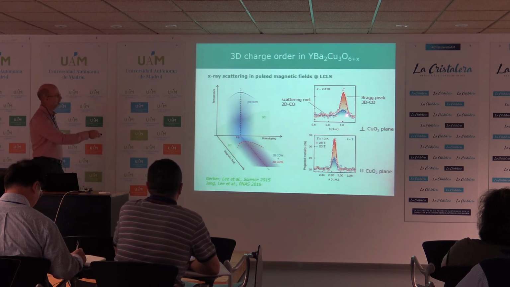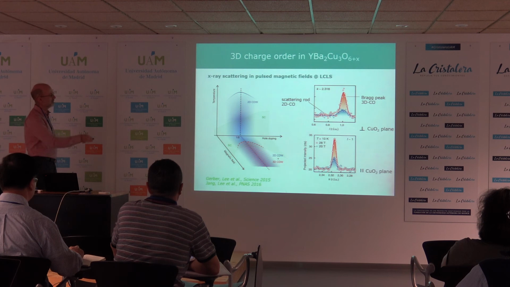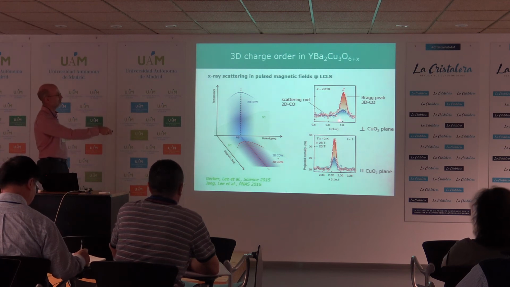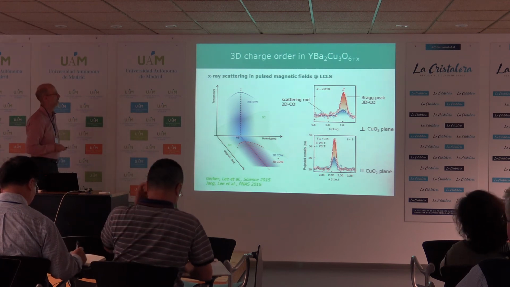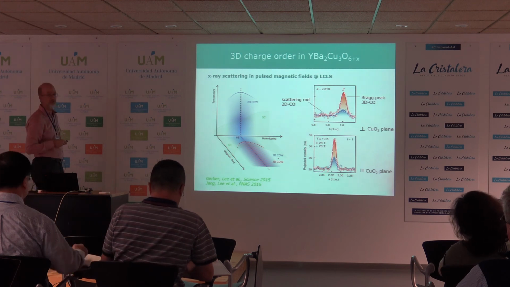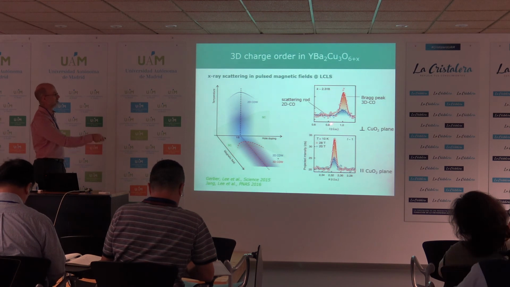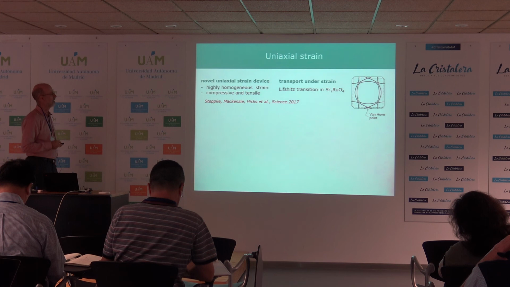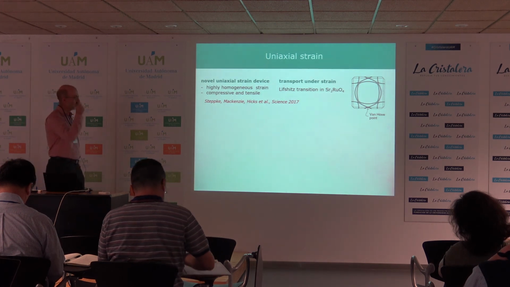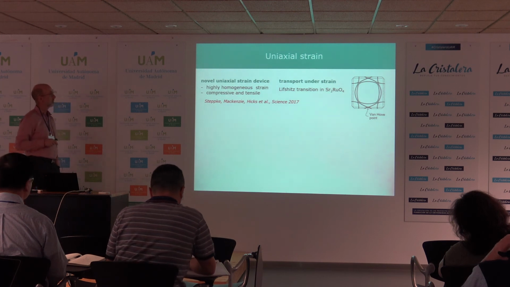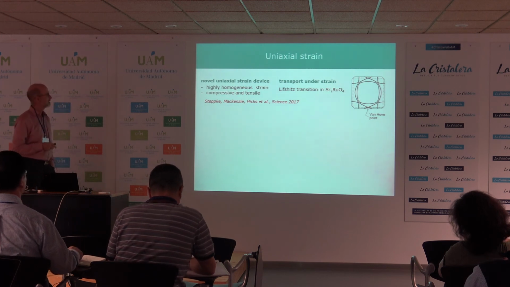But what they saw in high magnetic fields was, on top of this scattering rod, also a Bragg peak that came up at around maybe 20 Tesla. Okay? And this Bragg peak, in the plane, this is the in-plane momentum, has the same Q vector as the two-dimensional charge order. But it's a true Bragg reflection, with order in 3 dimensions. Okay? So that has motivated us to take advantage of the technique that Andy Mackenzie has developed.